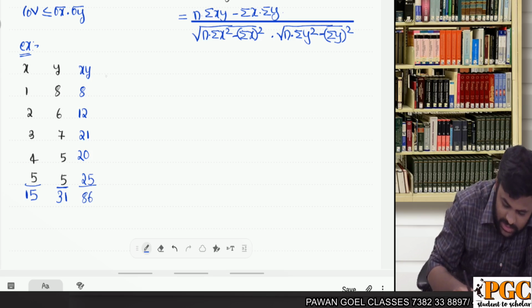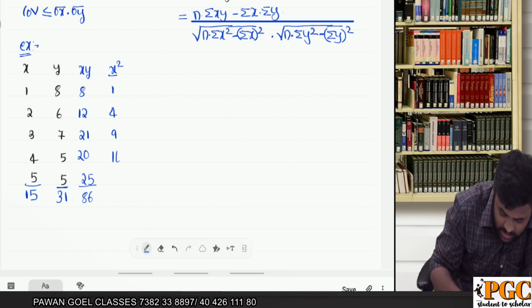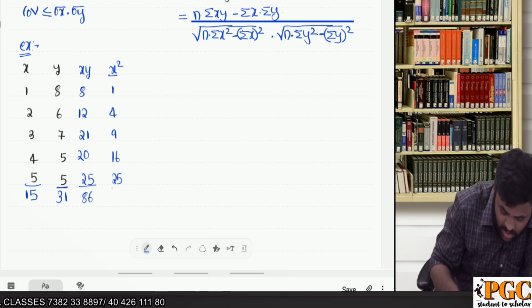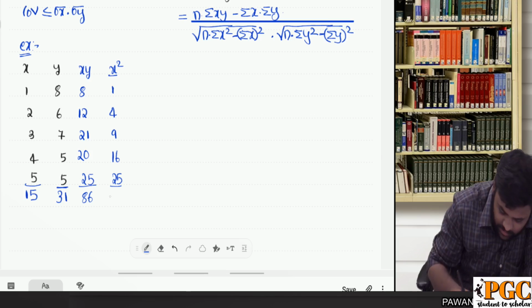Now let us calculate x square. 1 square, 1, 2 square, 4, 3 square, 9, 4 square, 16, 5 square, 25. Now let us calculate the sum of all this. 1 plus 4 plus 9 plus 16 plus 25, which is supposed to be 55.